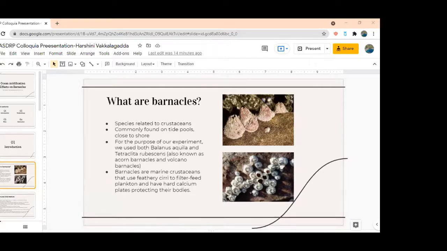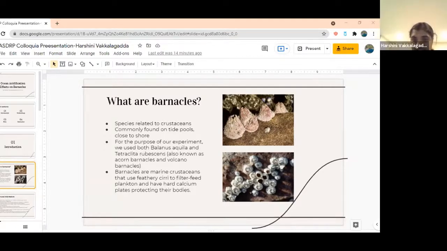They also have hard calcium plates that protect their bodies. So that is one way that they can protect themselves.